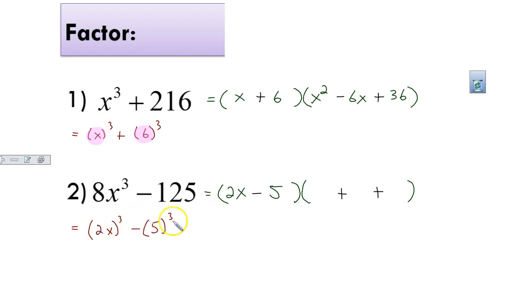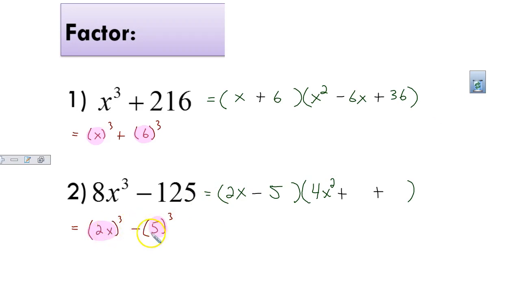So here we go. 2x to the third power. Well, 2 squared is 4, and x to the third power, x to the second power is x squared. So we're going to square the 2 and the x. Okay, so 4x squared.